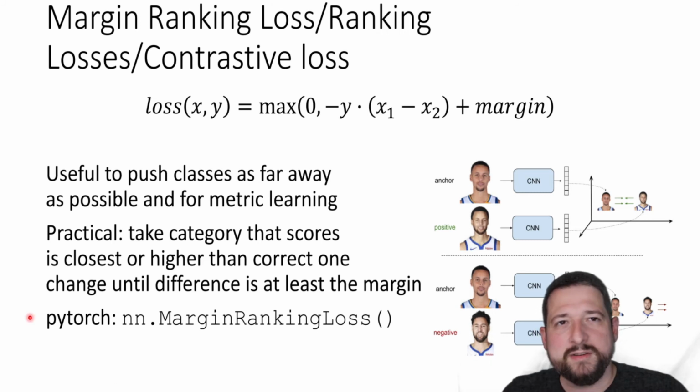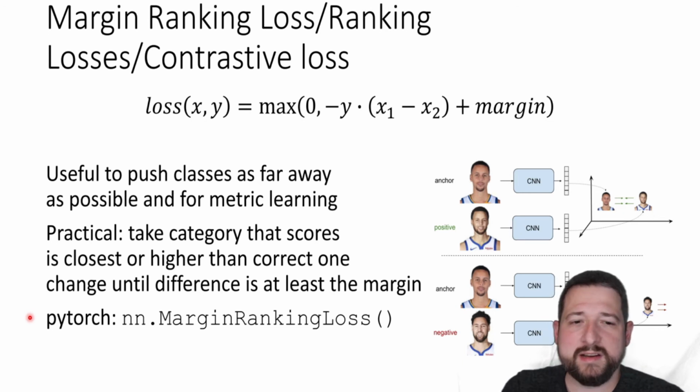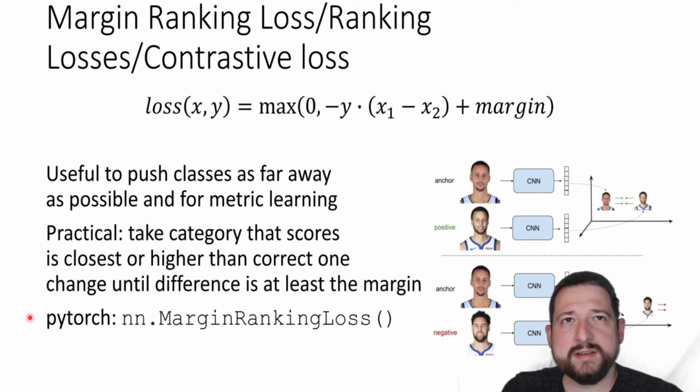They are somewhere, you don't care where exactly they are, but they're far away, at a safe distance for whatever classification you want to do with it. So if it's smaller, the cost increases linearly, as shown here in the equation.